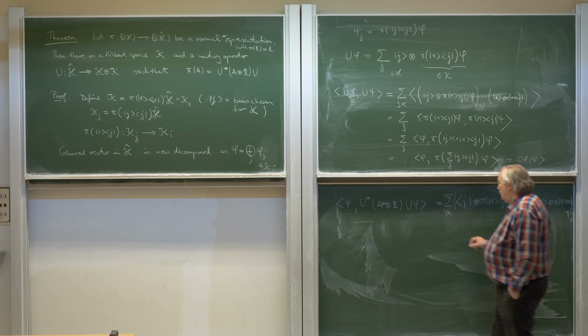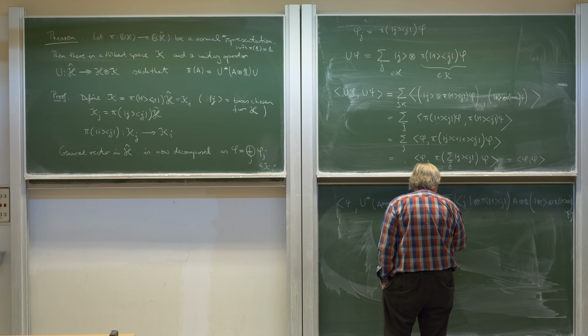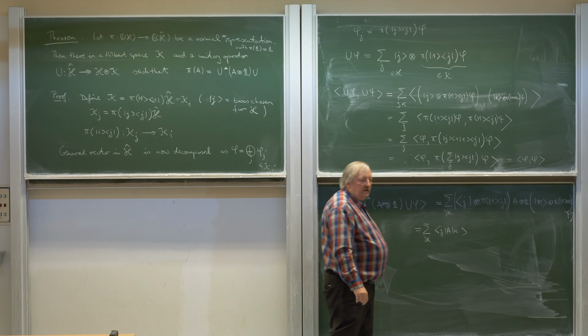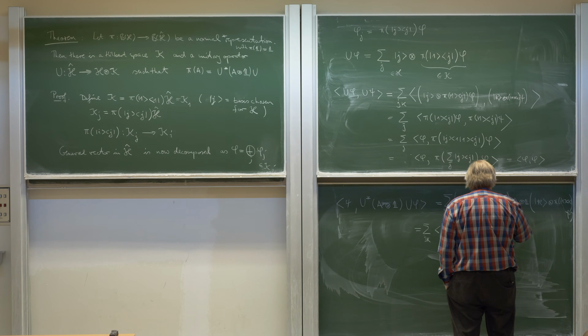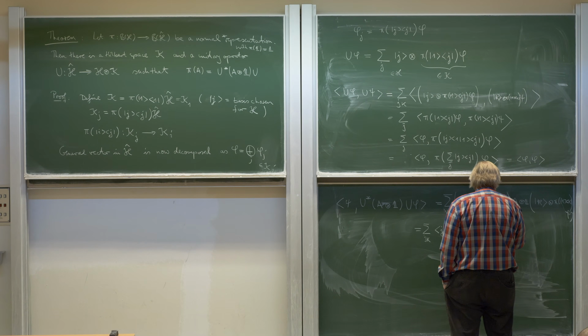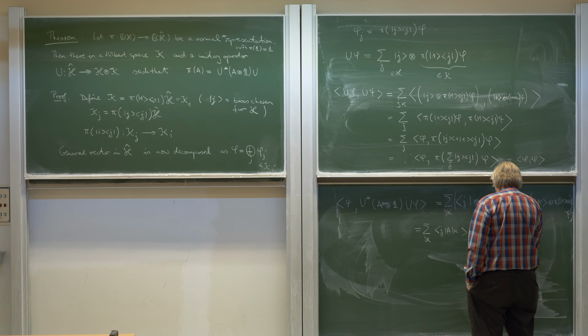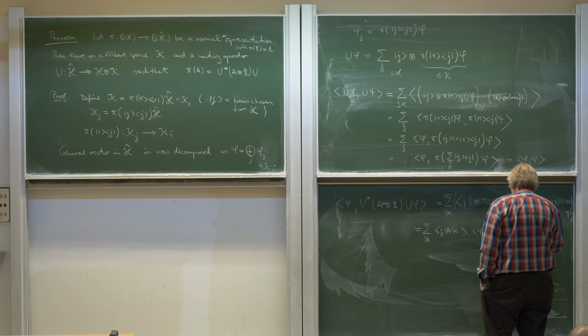So this just becomes the sum over jk, j a k. So a j a k acts on the first factor, and then on the second factor we get this scalar product that we had before, pi of j 1 1 k.